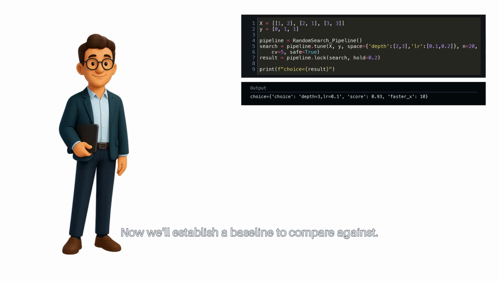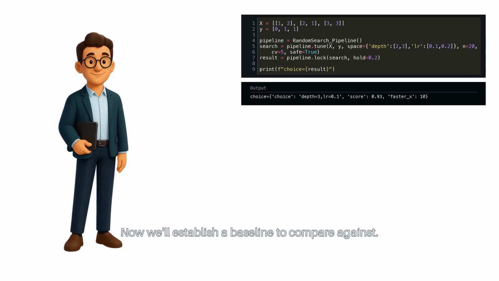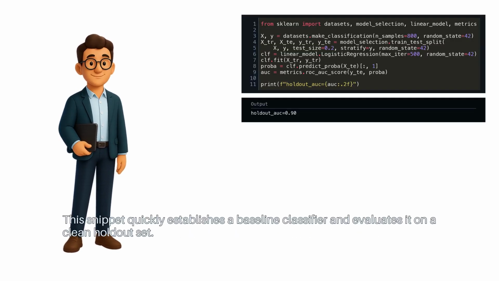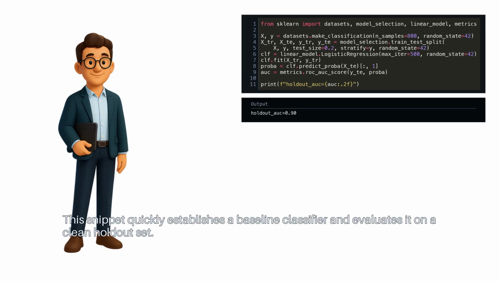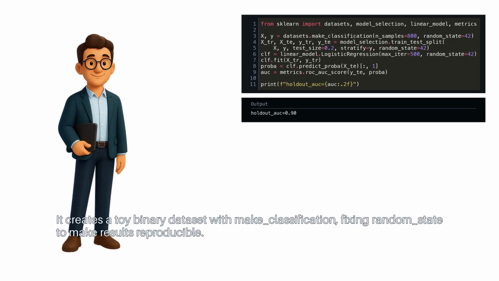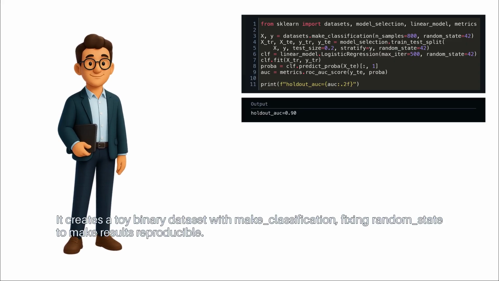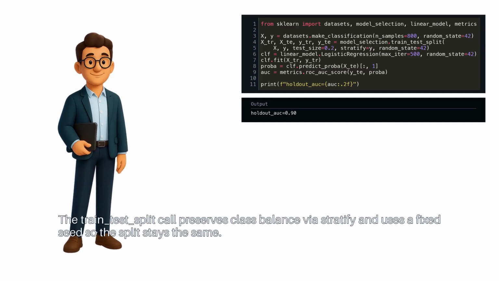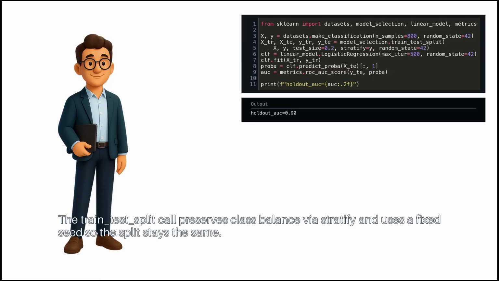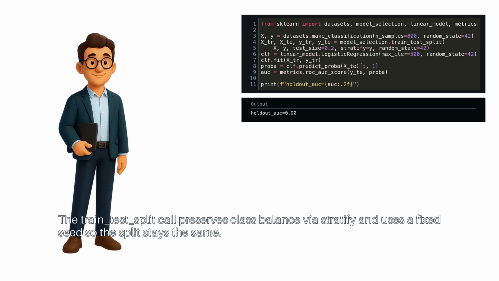Now, we'll establish a baseline to compare against. This snippet quickly establishes a baseline classifier and evaluates it on a clean holdout set. It creates a toy binary dataset with make_classification, fixing random_state to make results reproducible. The train_test_split call preserves class balance via stratify and uses a fixed seed so the split stays the same.